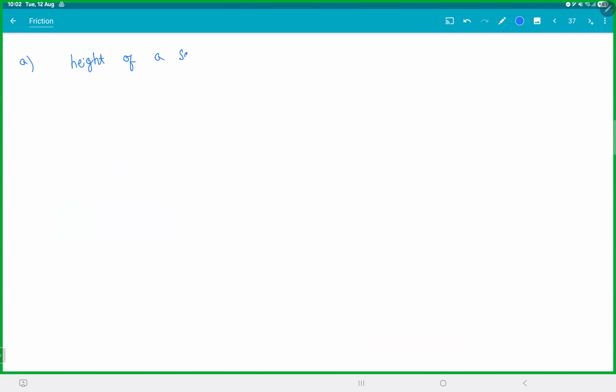What decides how high the sand cone will go depends on the friction. So if you're making a sand cone, and you take the sand particles and look at the forces on them, we have friction upward, and this mg sine theta is dragging it down. This is theta.